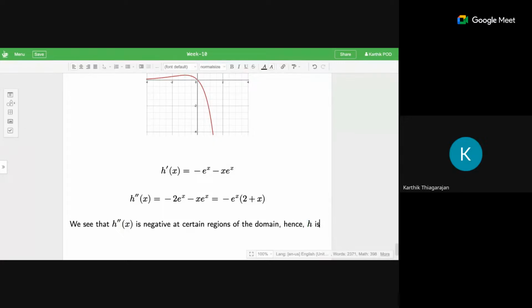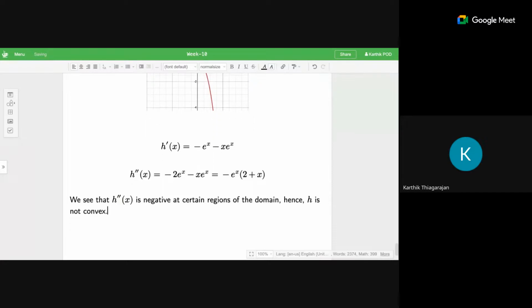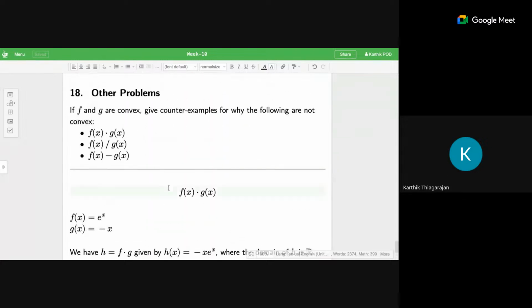Hence, h is not convex. Remember the condition is that h double prime of x should be greater than or equal to 0 at every point in the domain. Only then is the function convex. So that is a counterexample for this.